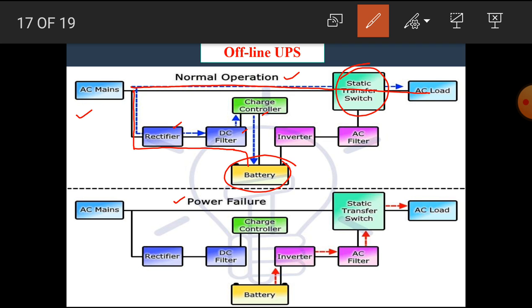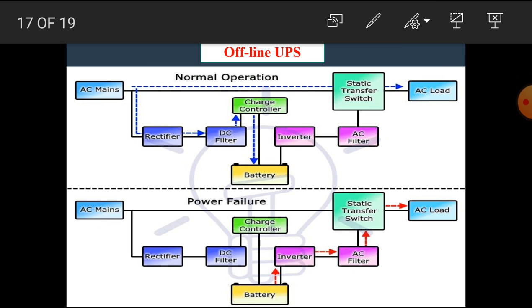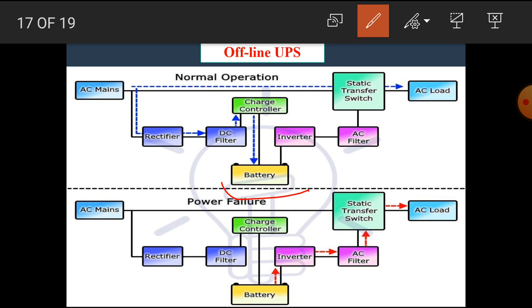When the power fails, that means when the AC mains is not available, the static switch connects the battery to the AC load. The inverter converts DC into AC, and this AC is used to drive the AC load. In the normal mode, this part is in standby condition, hence it is known as the offline UPS.